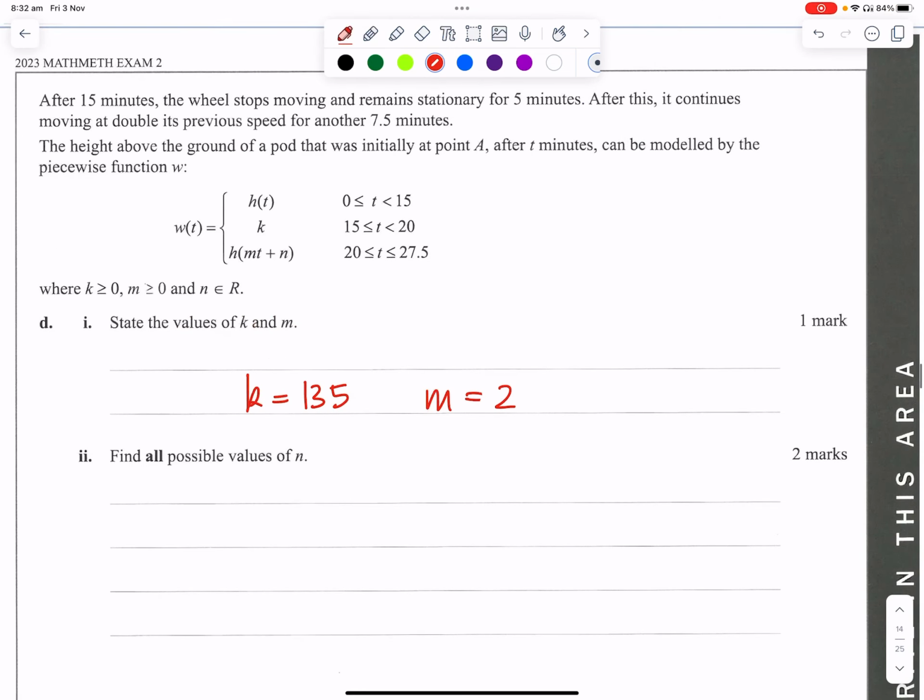Final possible values of N. Alright, so we know that at 27.5, this thing is going to get back down to 15.